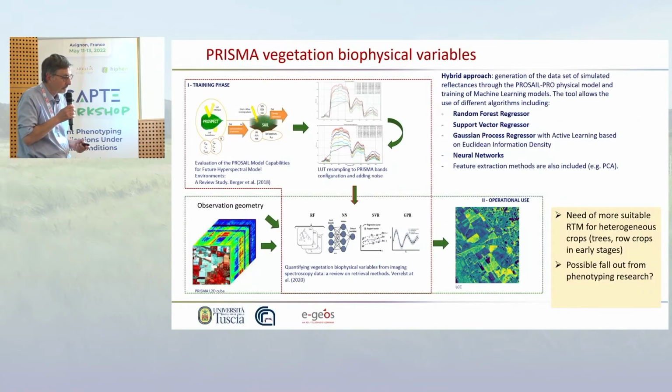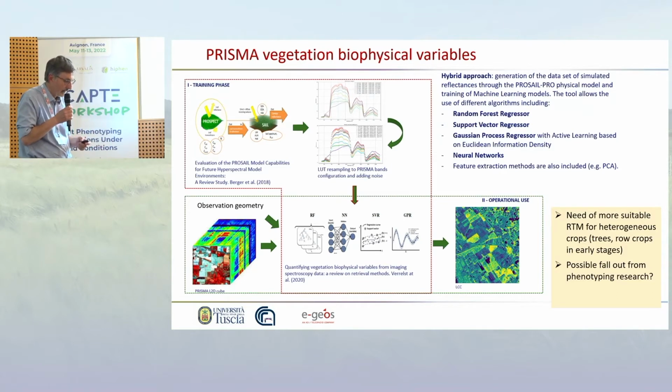Prisma can be used for estimation of biophysical variables, for example using a so-called hybrid approach, which is basically what Fred and Marie have been developing for many years. It uses simulation with a PROSAIL model, and then application of some machine learning algorithm.